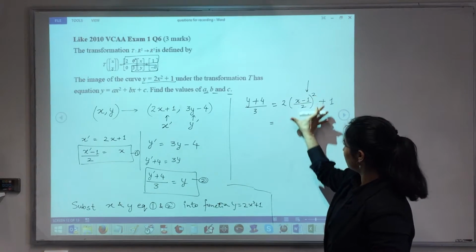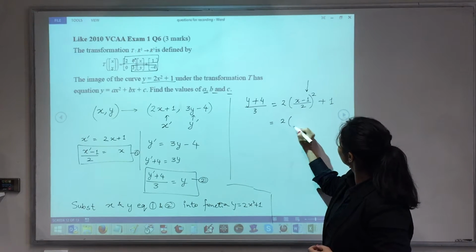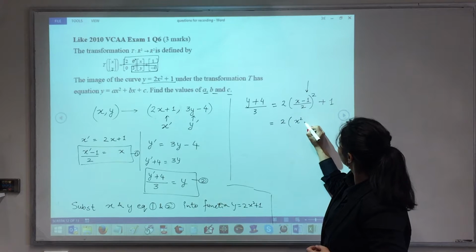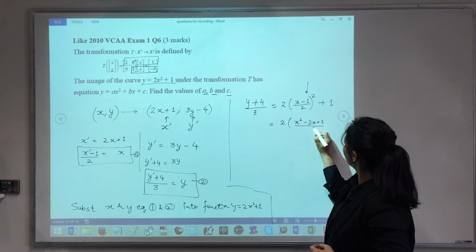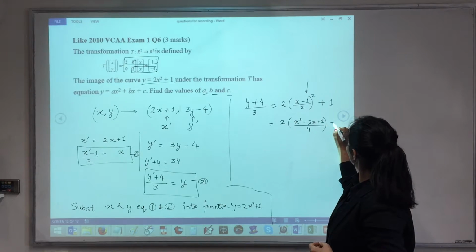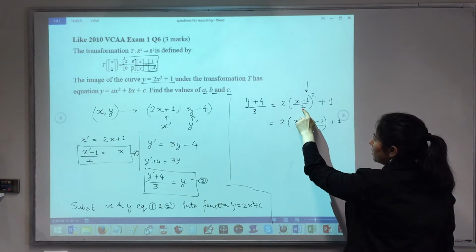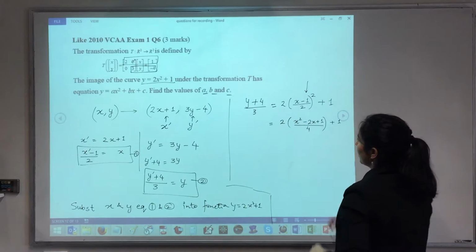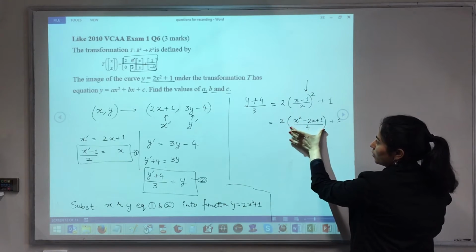So I'm just going to solve the right hand side first. So it's 2 times a squared minus 2ab plus b squared over 4, plus 1. Okay, so I've expanded this, plus 1 remains. Now I need to bring this 2 inside, so I need to expand the bracket now.